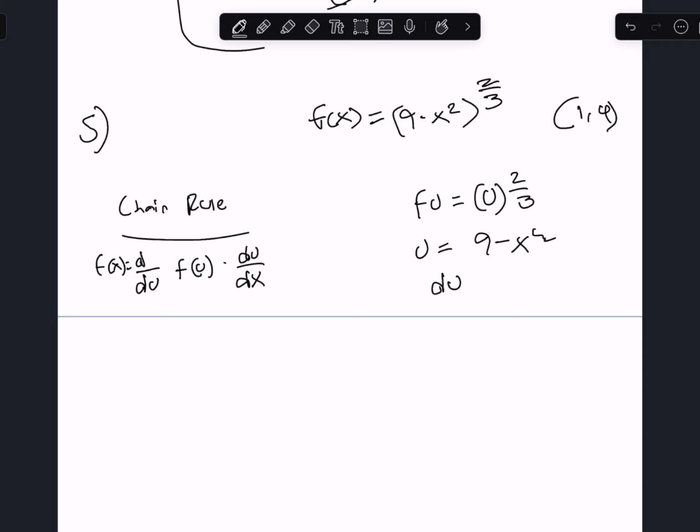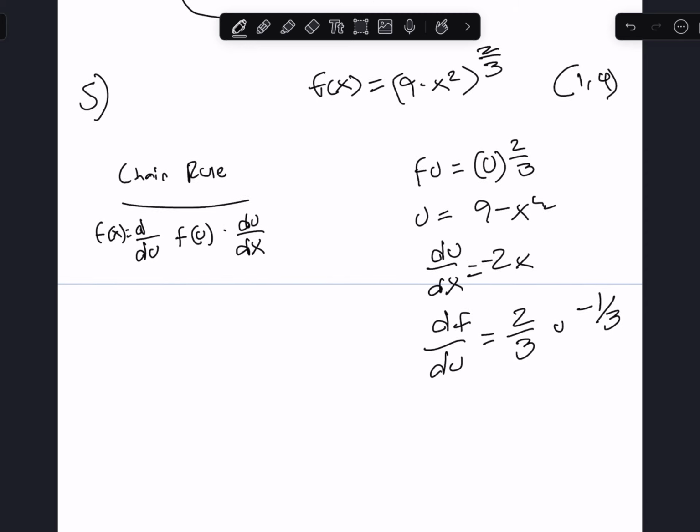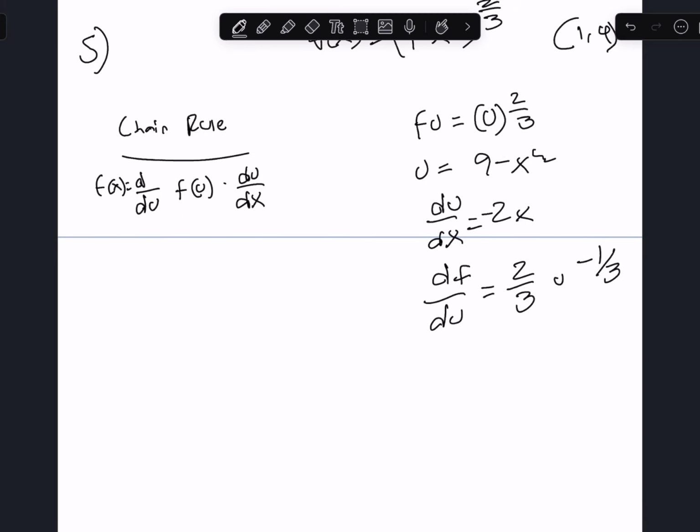Du over dx of this equation is equal to negative 2x, and df over du of this equation is equal to 2 over 3 times u to the power of negative 1 over 3. So now we simply just input our variables.